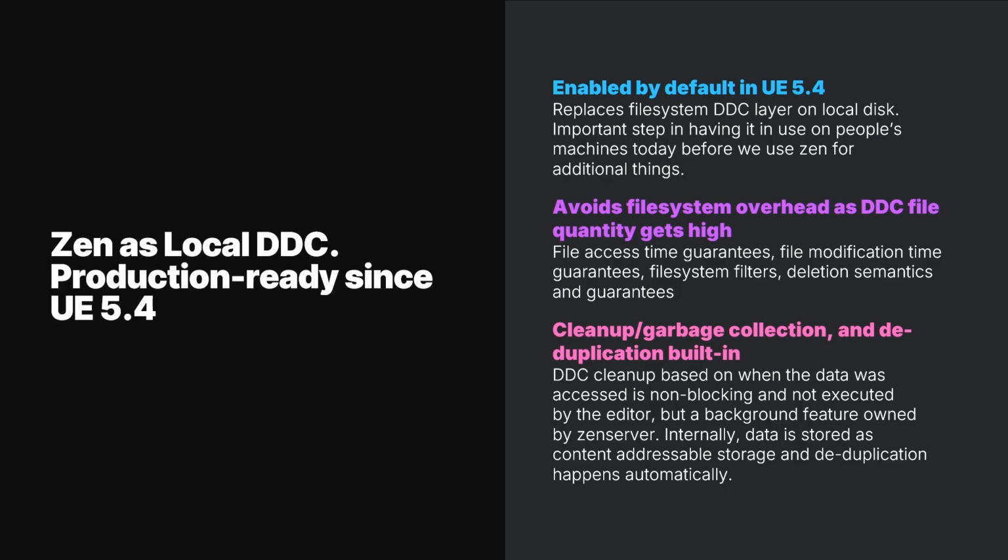In addition, it also alleviates a workload that the editor would have to worry about, which is how we do cleanup or garbage collection in local DDC. That now becomes a responsibility internal to ZenServer. And another benefit we get is deduplication out of the box. Internally, ZenServer is storing data in content addressable storage, which means we get the benefits of deduplication automatically.